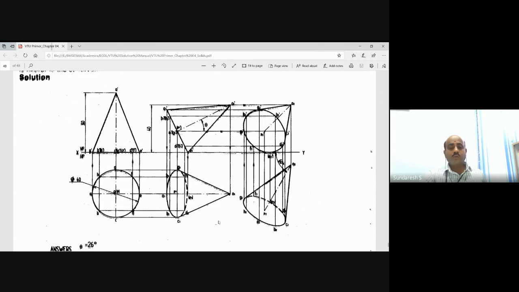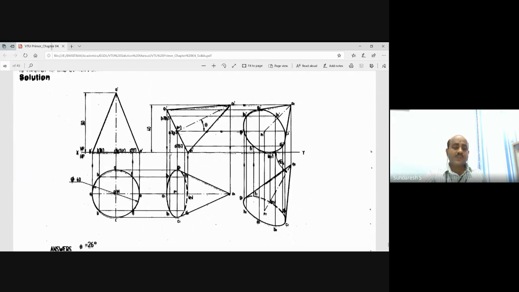Now draw the projectors from each point and you get the second position top view. You will get the cone, whose base looks like an ellipse because you are observing from the top.